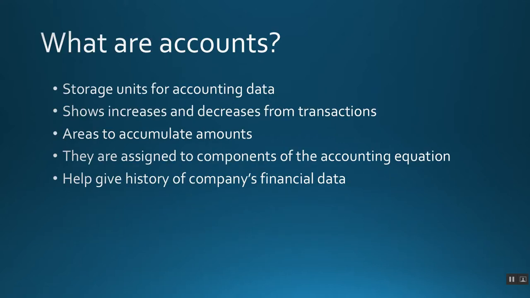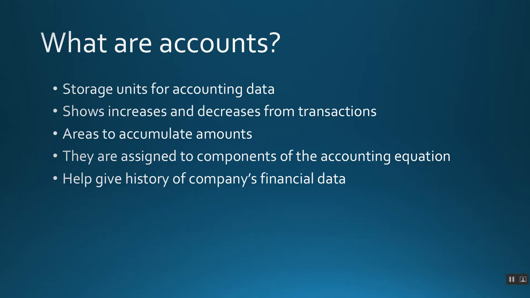So the equation is made up of various types of accounts. What are accounts? Accounts are storage units for our accounting data. So remember, going back to what is accounting, we identify the transaction and then we record and store the data.